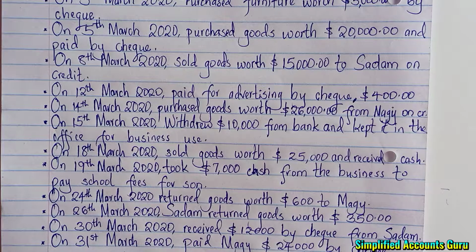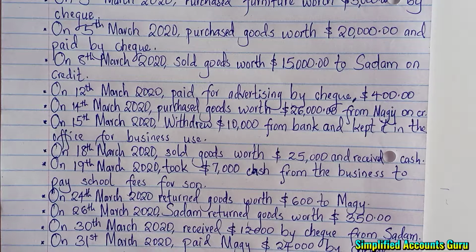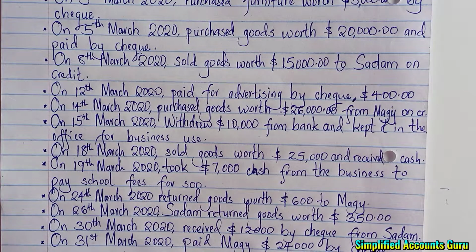On 12th March 2020, paid for advertisement expense by check amounting to $400. On 14th March 2020, purchased goods worth $26,000 from Maggie on credit. On 15th March 2020, withdrew $10,000 from bank, kept it in the office for business use.